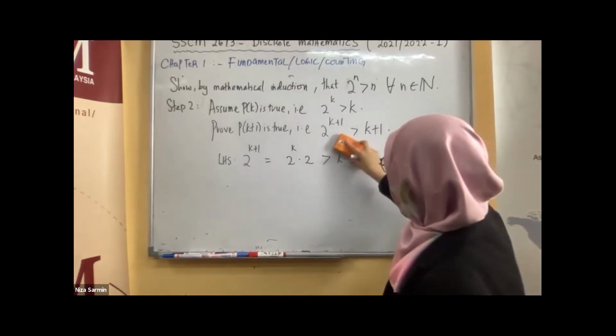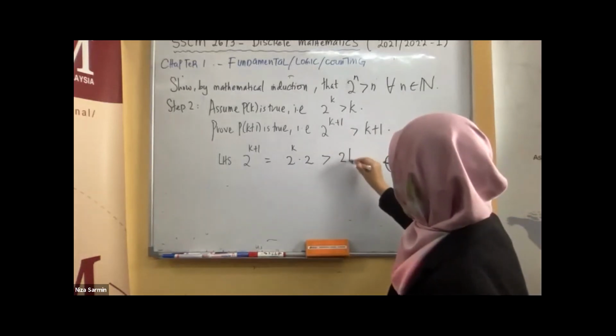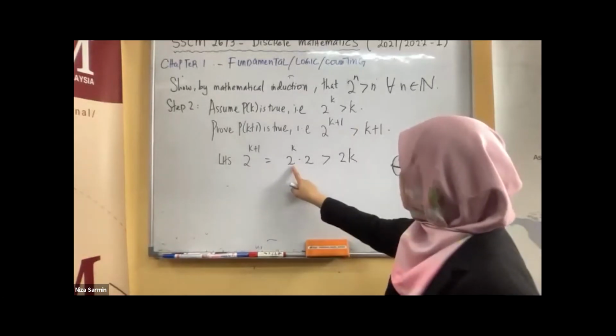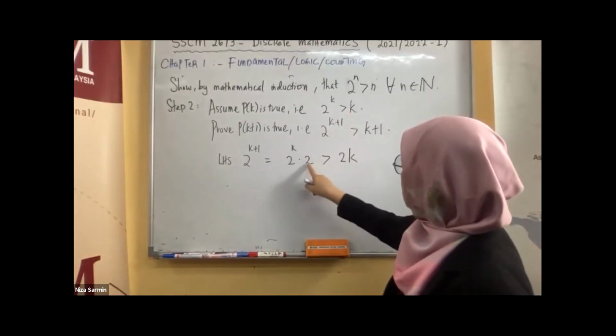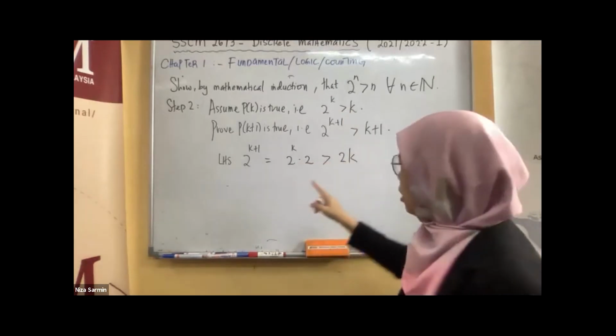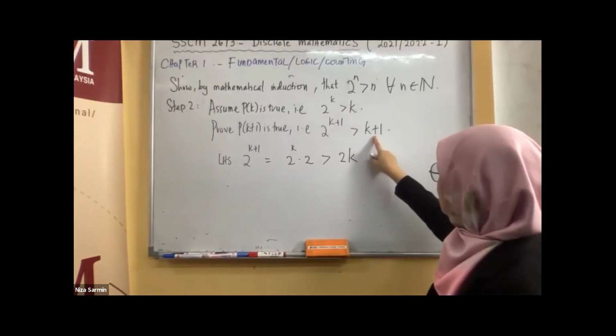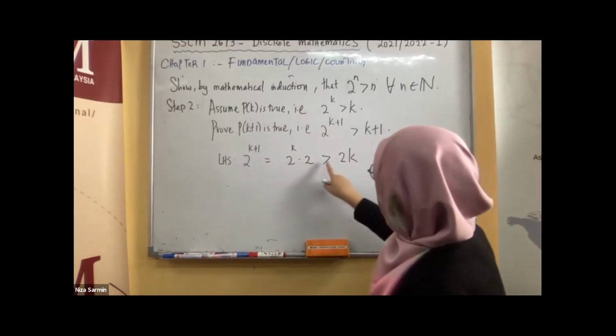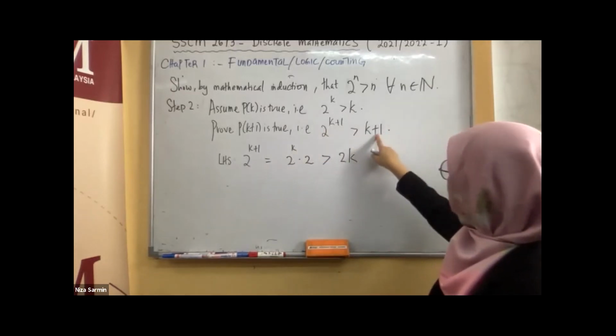I want to rewrite this as 2k. Okay. 2 to the k is bigger than k. k times 2 is 2k. How do I go from here to here? Now I already have this, but how do I get this?